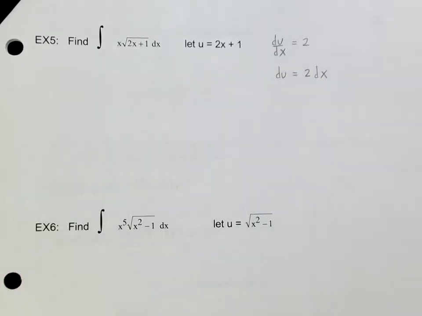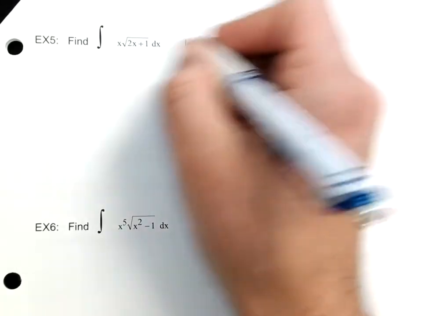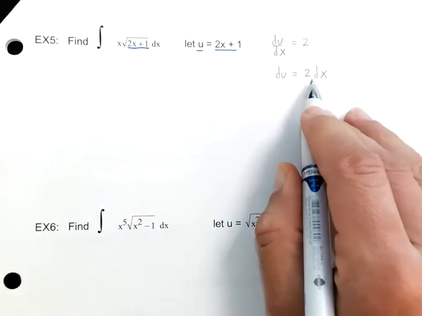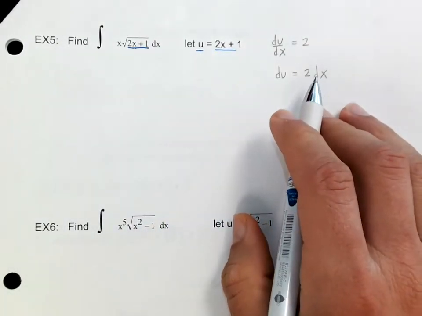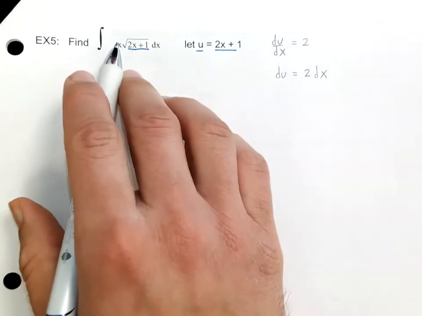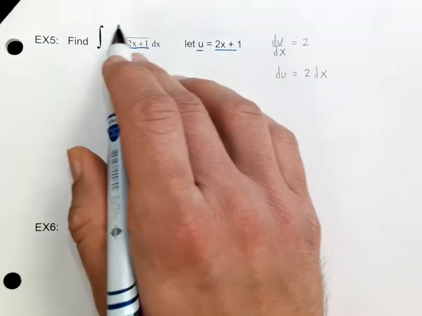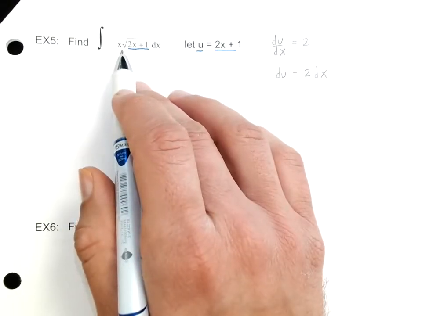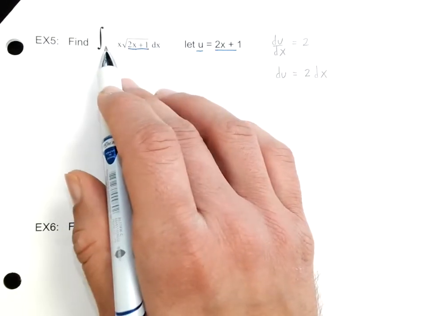Now let's take a look at what we have so far. We have u. U is right here. I don't have a 2. Okay, so we can deal with that x here in a second, but I don't have a 2 anywhere outside the radical.